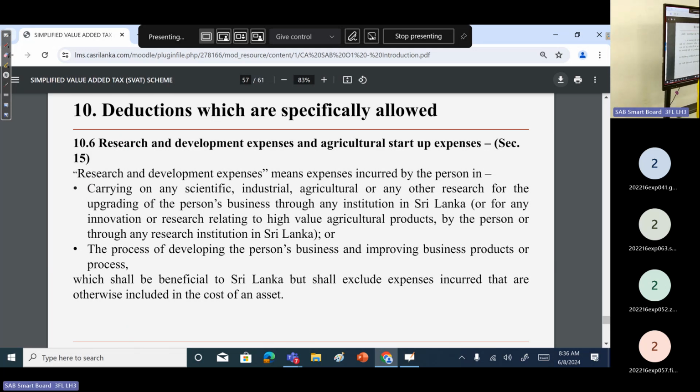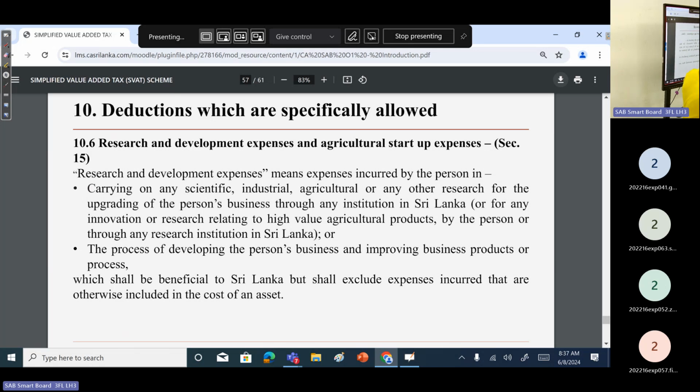And also if we do research or development, that particular expenditure will give return, if it is a success, for a company or the industry or the business for a period of more than 12 months. Then again it falls under capital nature expenditure. Therefore, again there is a restriction as per the main deduction. So capital nature expenditure again we cannot deduct.